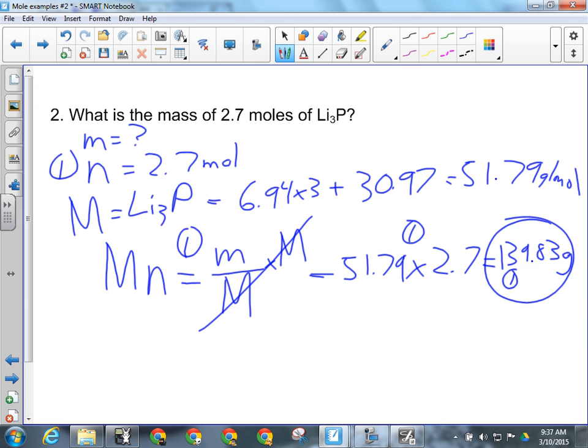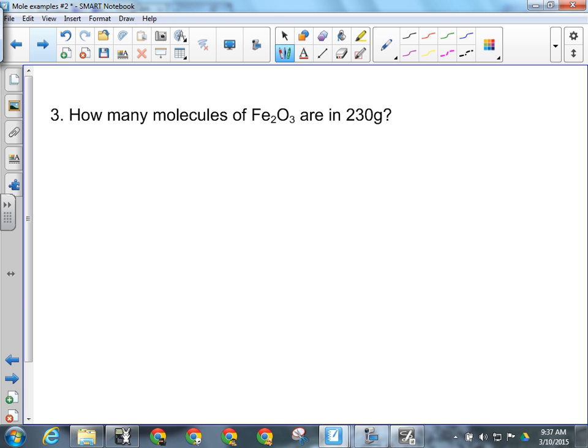Okay, all right. So for number 3, it's asking us how many molecules of iron 3 oxide are in 230 grams. Okay, so number of molecules is what we're looking for. It's the question mark. Okay, we can get big M because it's Fe2O3. So that's going to be 55.85, right? I always guess it wrong.